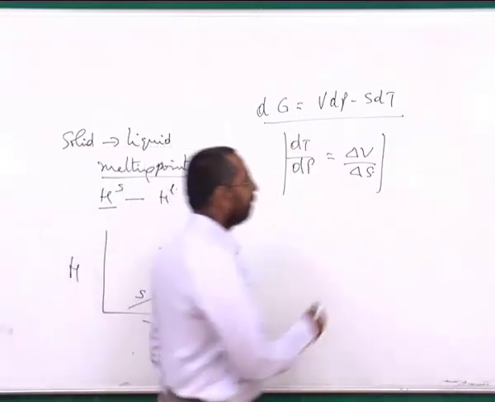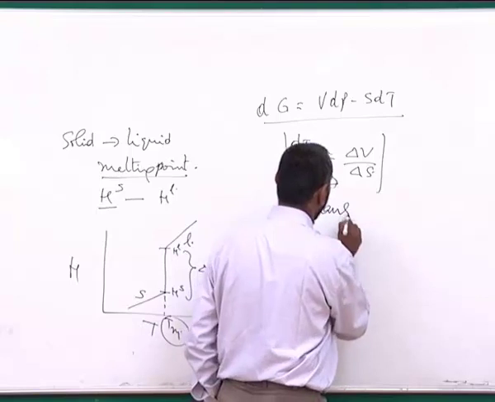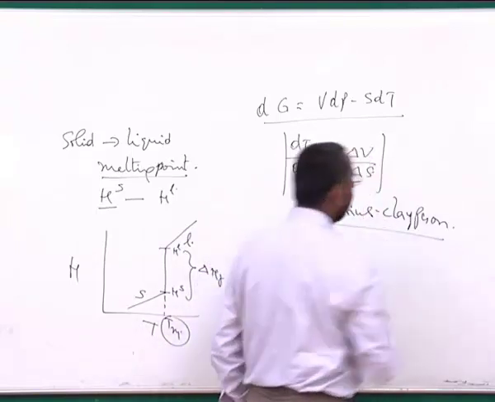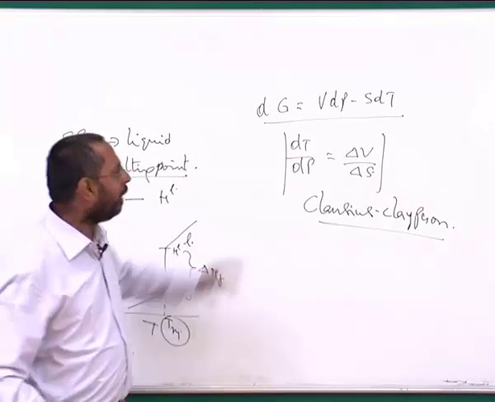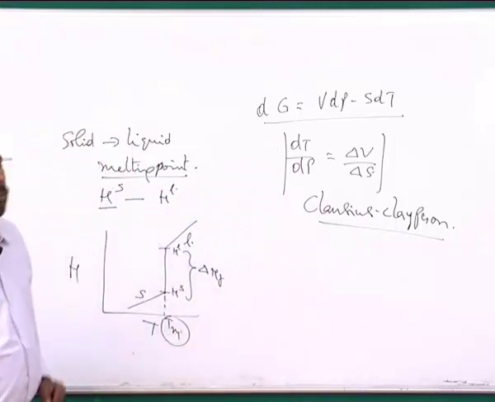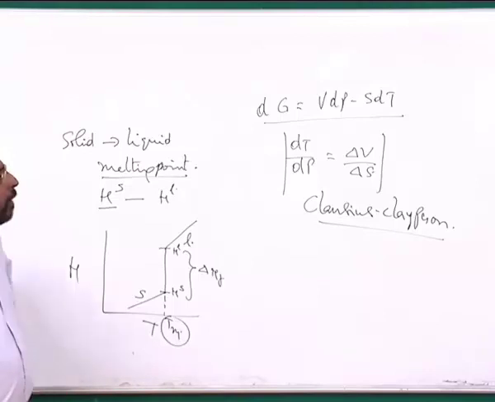This is what is called the Clausius-Clapeyron equation. So this is a standard equation that we all know, and if you look at it, for different types of transformations, you will see different types of variation.